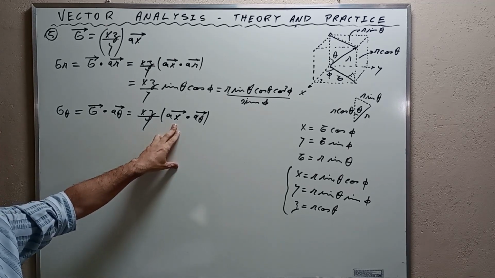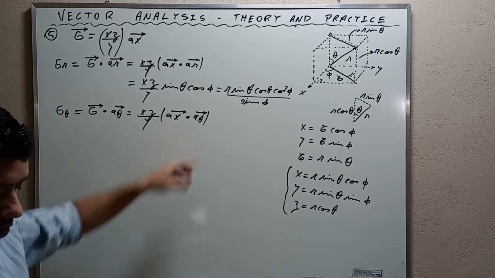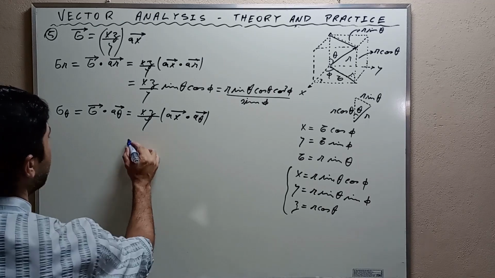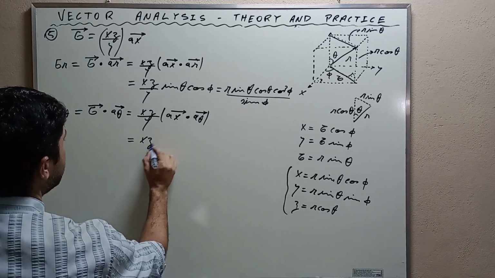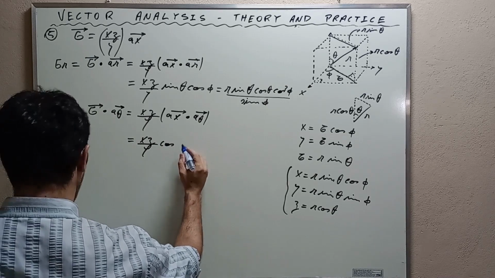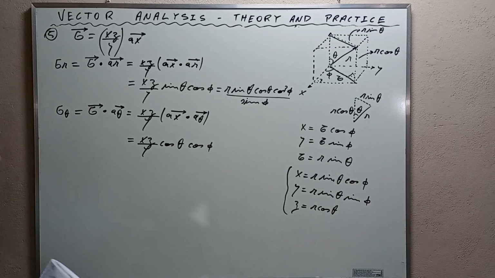The dot product between ax and a theta is cosine theta cosine phi. So xz over y cosine theta cosine phi.